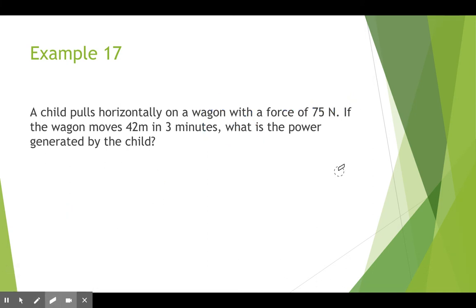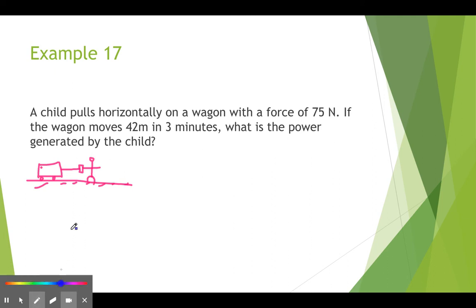Okay, so example 17, we have a child pulls horizontally on a wagon. So here's our wagon, and our child pulling with a force of 75 newtons.